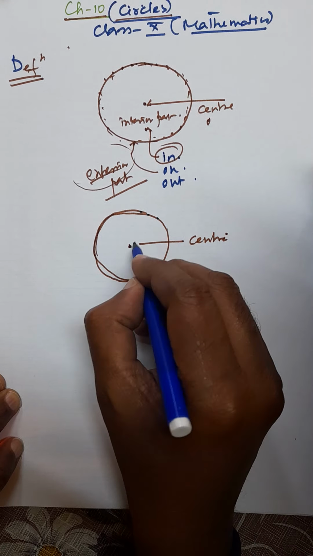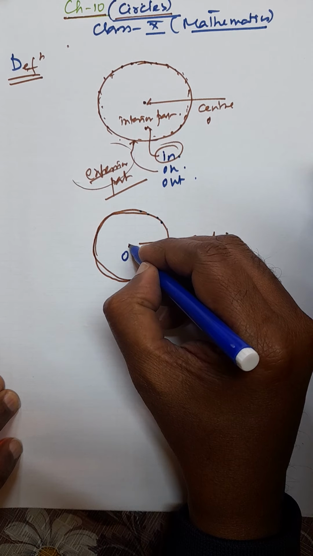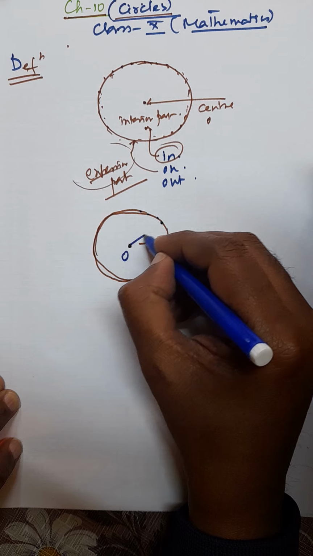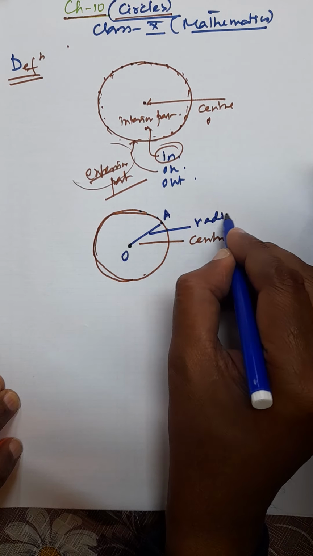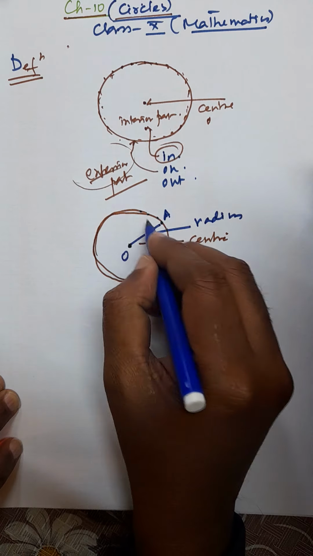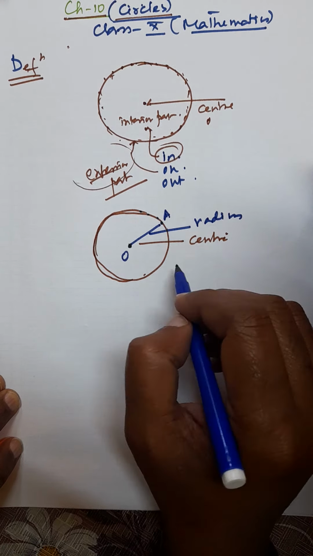The line segment joining any point with the center, suppose this is a point A, is called radius. So infinite number of radii we will get, and all radii of the same circle are equal. That is the property of the radii. The plural form of radius is radii.